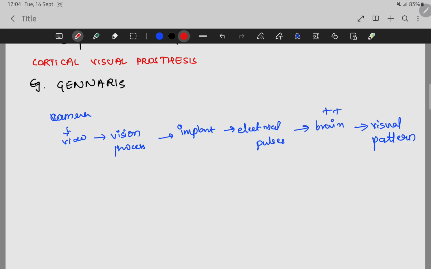Then we have the photovoltaic retinal implant, which was developed by Pixium Vision. Here we have a camera, a digital processor, and the wireless implant.